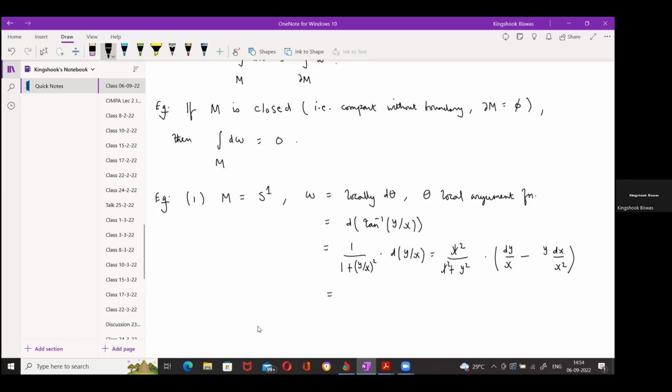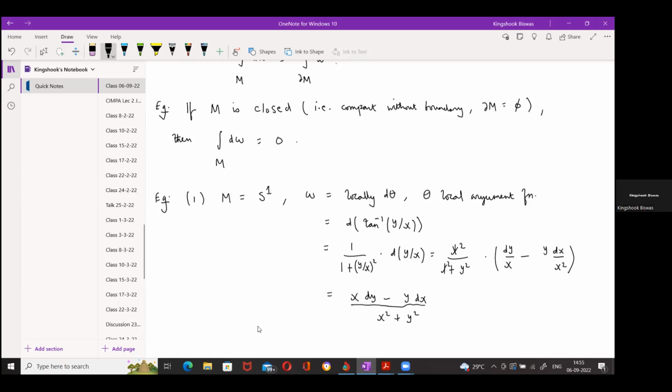Then this x squared is going to cancel with 1 x here, so I'll get x dy minus, and the x squared will cancel, so I'll just get minus y dx, over x squared plus y squared.